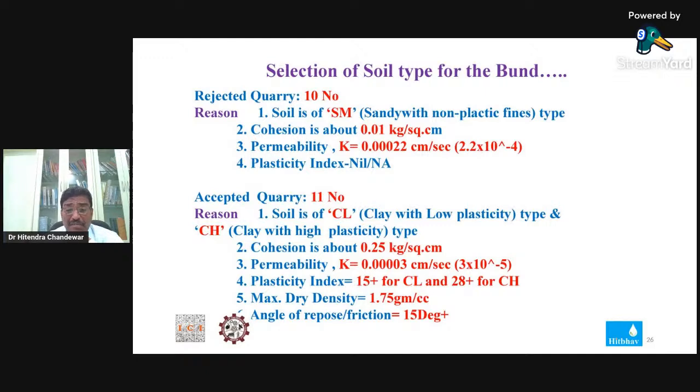The plasticity index for the CL type was more than 15, and for CH it was more than 28. Maximum dry density was 1.75 gram per cc, and angle of friction was very poor.